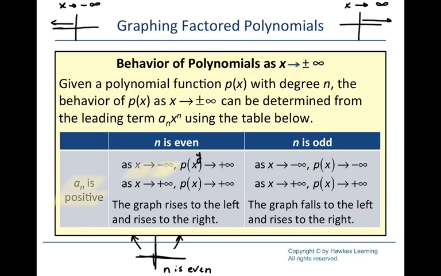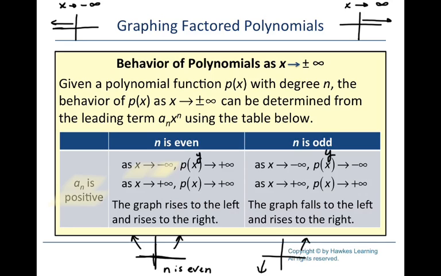When n is odd, and again, a is positive, okay? If you read that first line, as x approaches negative infinity, it gets smaller, then your y approaches negative infinity. So that means it's going down here, and as x approaches positive infinity, y approaches infinity.